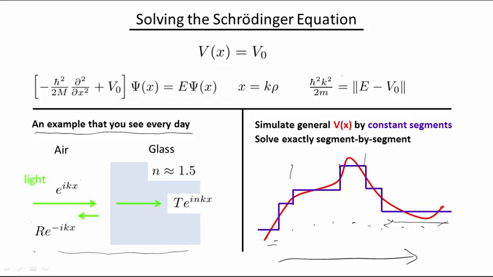Even if the glass is transparent, there is some reflection, and it turns out that this is an example of the potential step function in quantum mechanics. So we have phi of x as a function of x. This is air. This is glass.